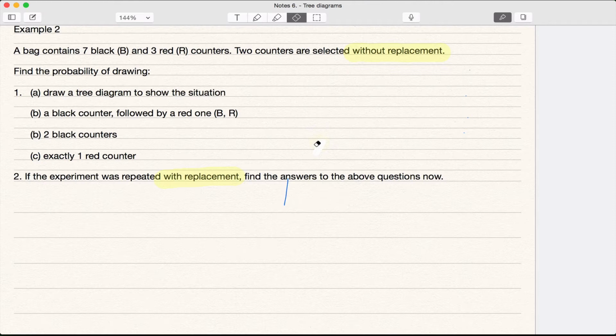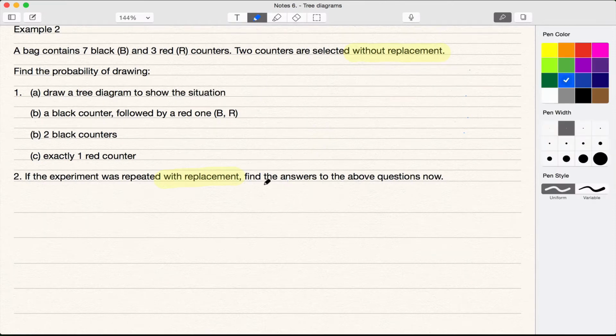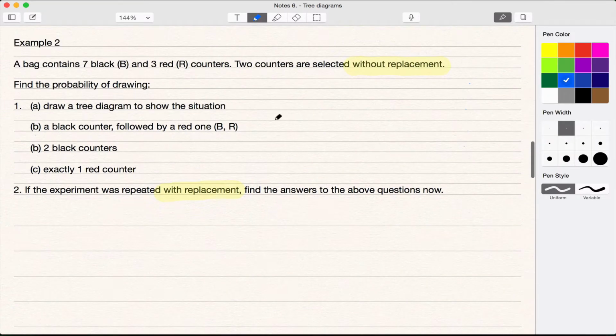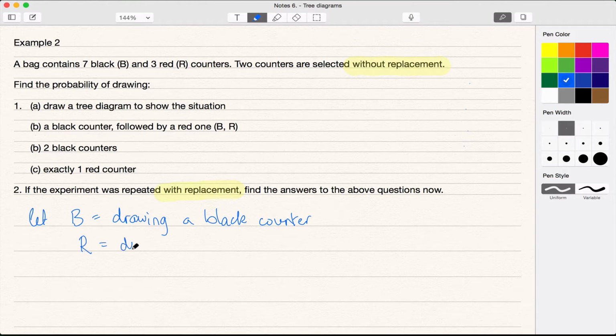Okay, first thing we need to look at whenever we have a worded problem is make sure we define our events. So I'm going to let B equal drawing a black counter, and R is drawing a red counter.